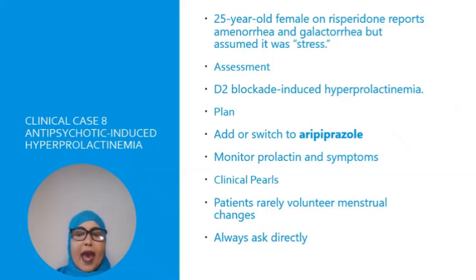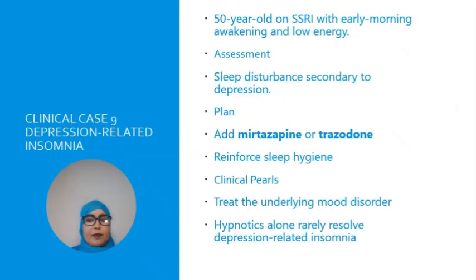Your plan is to add or switch to aripiprazole and monitor prolactin and the symptoms. The clinical rule here is that patients rarely volunteer menstrual changes, so always ask directly. So you have to directly ask them if they are having menstrual changes.